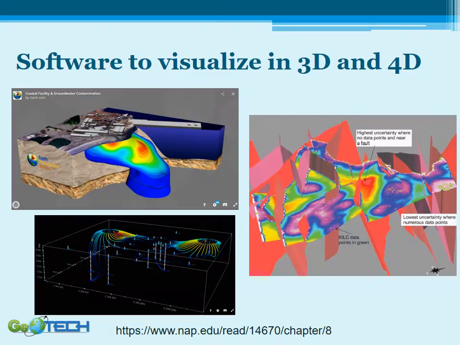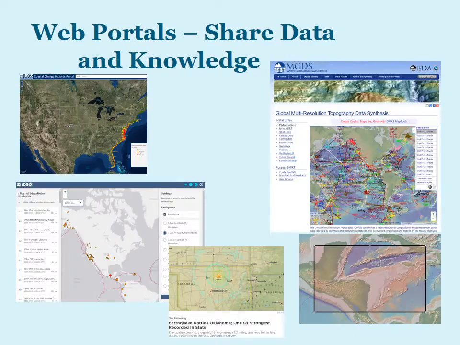So whether you're looking at hydrologic processes and fluid flows below the surface, or mineralizations, or wells, or mining, there are just many ways now that you can visualize that in 2D, 3D, and in 4D time lapse. Web portals allow us to look at things, whether it's coastal processes or earthquakes, getting really good data for base maps.